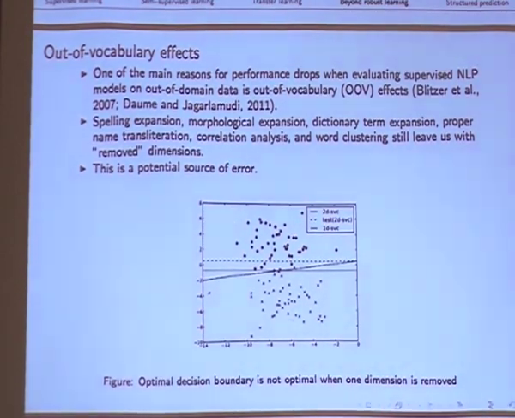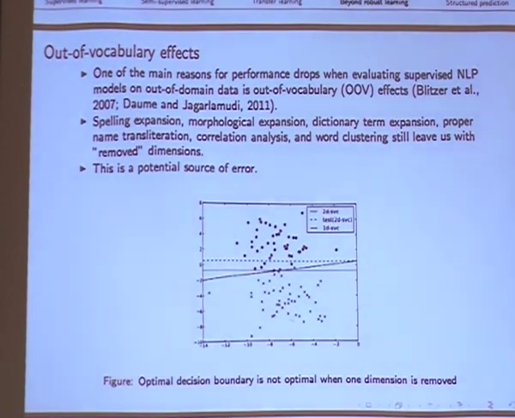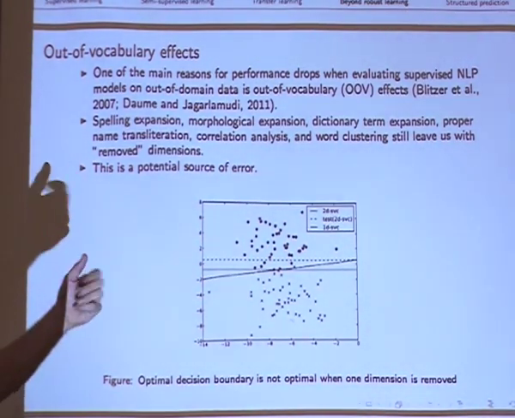What we're going to do is we're going to try to essentially minimize the average expected error across the different possible losses that we can see. Okay? I'm going to get back to how that works. I just want to note that, of course, a lot of people have argued that this is one of the main reasons for performance drops when evaluating out of domain, and there's been a lot of work on that: spelling expansion, morphological expansion, and so on.